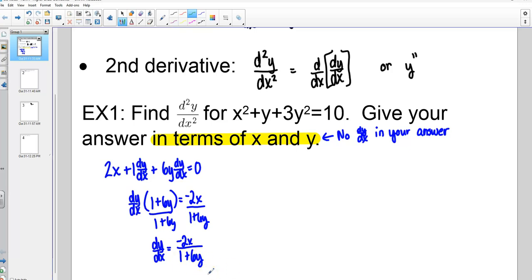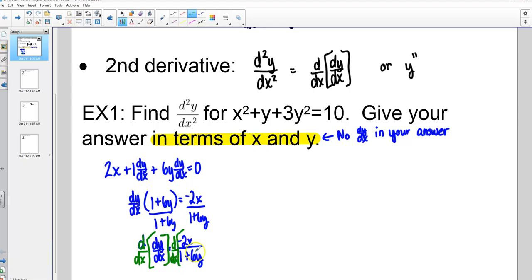Since there's different variables, I'd just stick with quotient rule here, although you're welcome to do it the other way if you prefer. What we're doing now is taking the derivative of both sides so that I can get my second derivative.